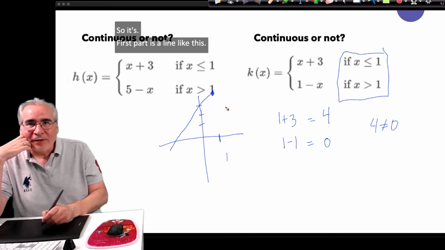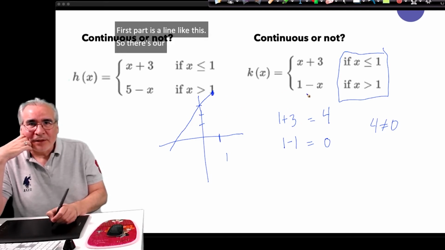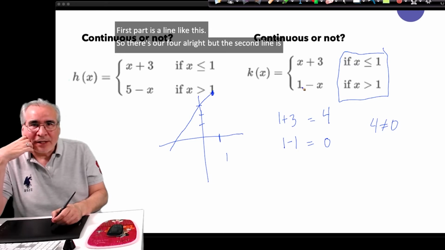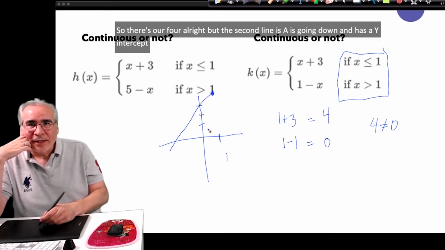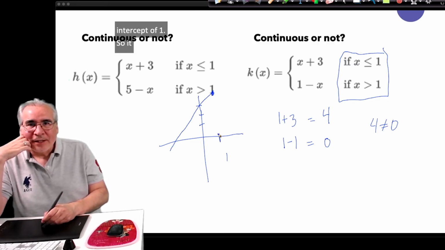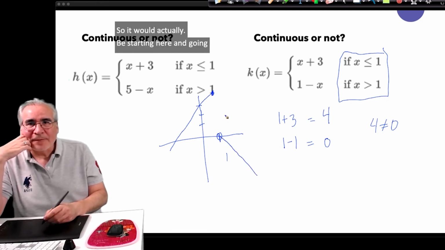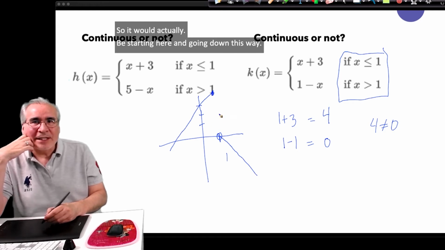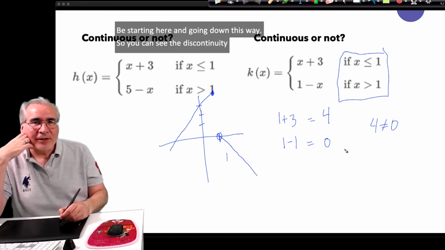So there's our 4, right? But the second line is going down and has a y-intercept of 1. So it would actually be starting here and going down this way. So you can see the discontinuity there. So this is not continuous.